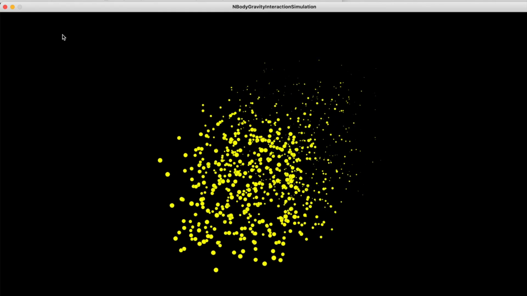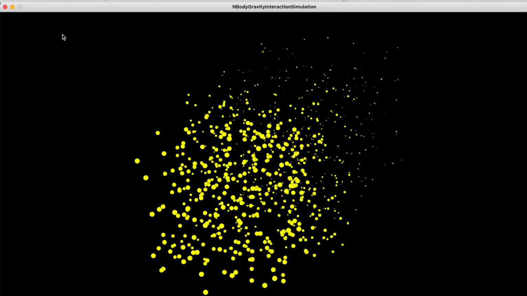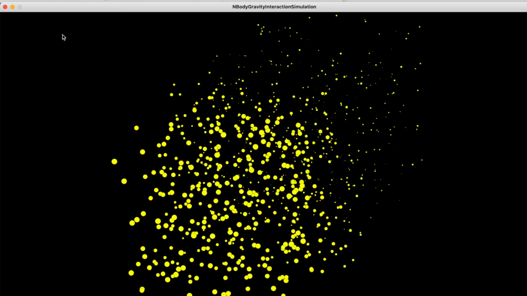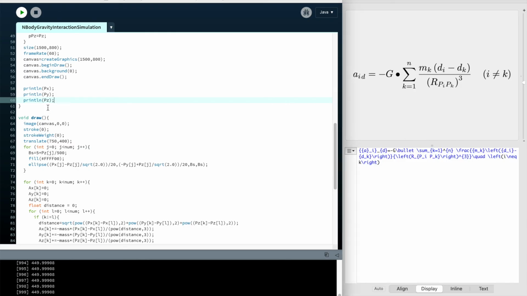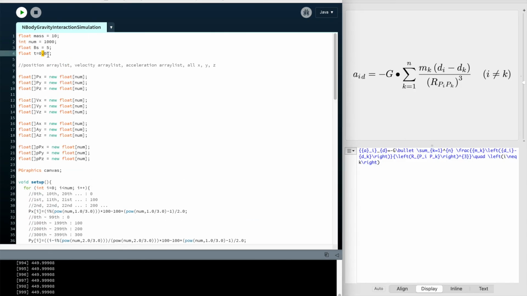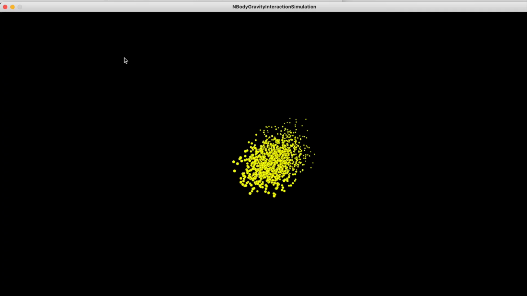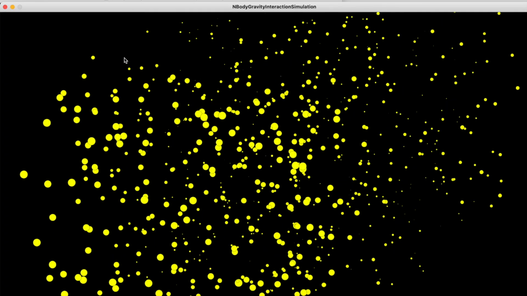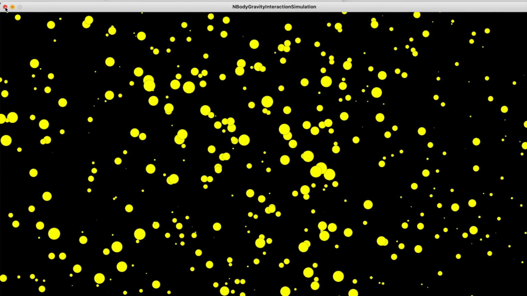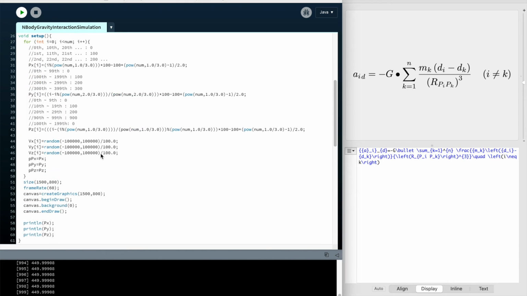I don't know, why are they separating themselves from each other? Wait, let's get the time step really short to see what really happens. Are they just distancing themselves? Why is it?